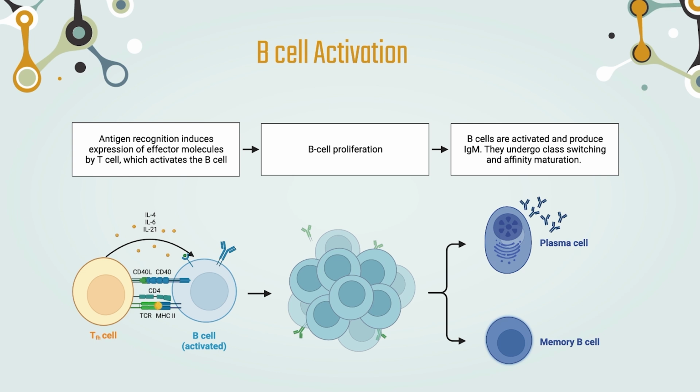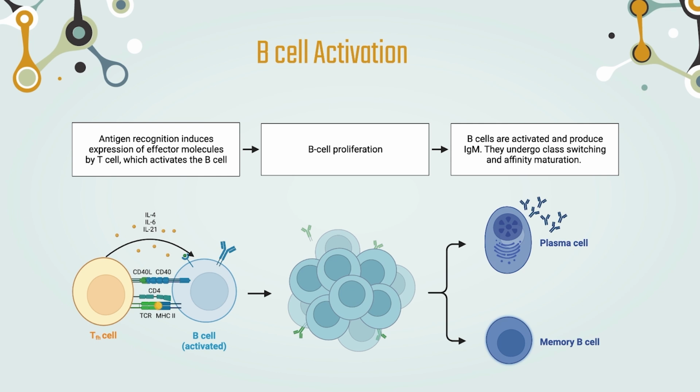There must be interaction between CD40 ligand and CD40 receptor. After the activation of B cell by different interleukins like interleukin 4, 6, 21, and the interaction between different receptors like CD40 ligand and CD40, and the interaction between MHC2 and T cell receptor, B cell will be activated fully, right? And it will undergo proliferation.